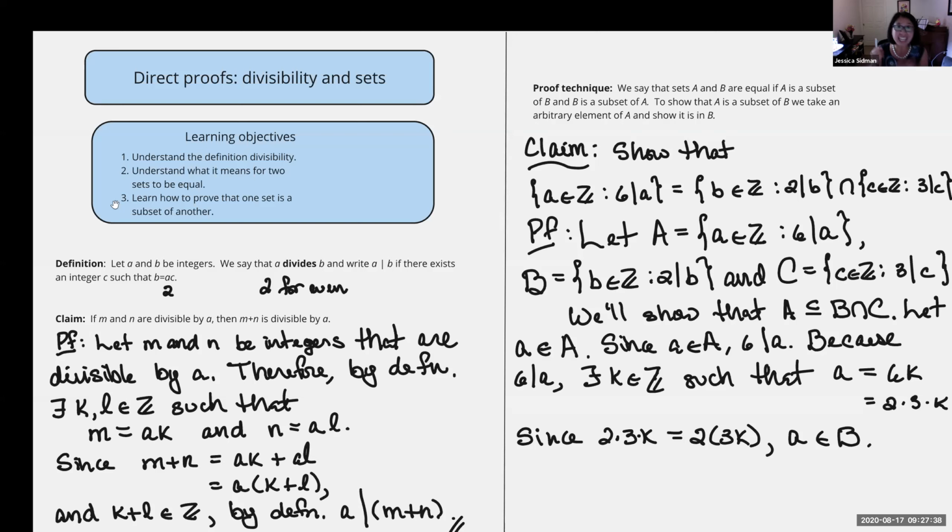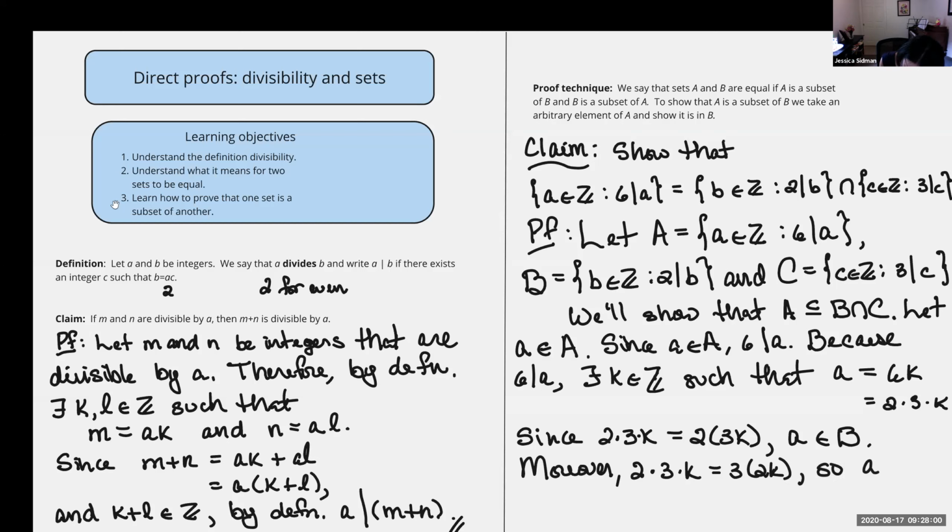And then here's where you get to use all these words you don't usually use in real life. We're going to use the word moreover, okay? Moreover, 2 times 3 times k is equal to 3 times 2k.